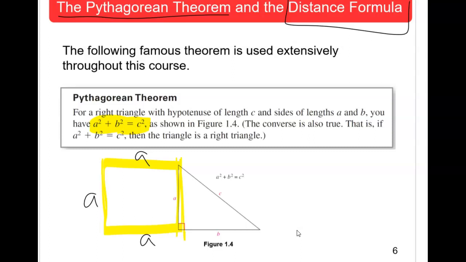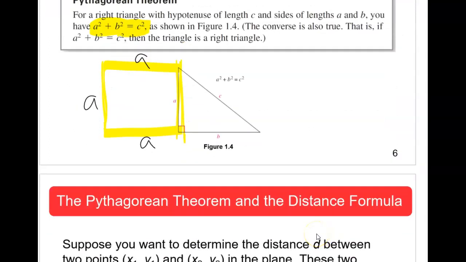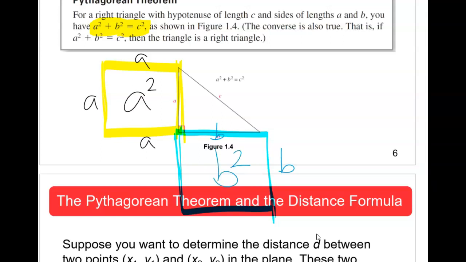So if you were to do that, and also let's say make another one here, something like that. So if you were to calculate the area of each square, it will be the product of b times b. So here will be b squared, here we will have a squared. That would be the area.